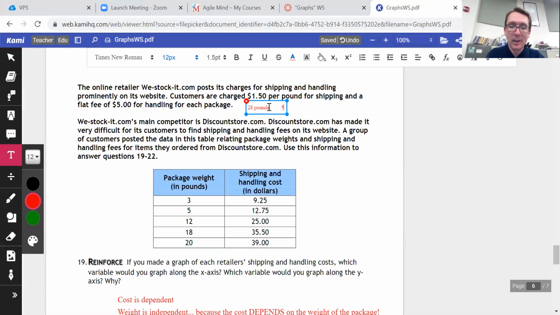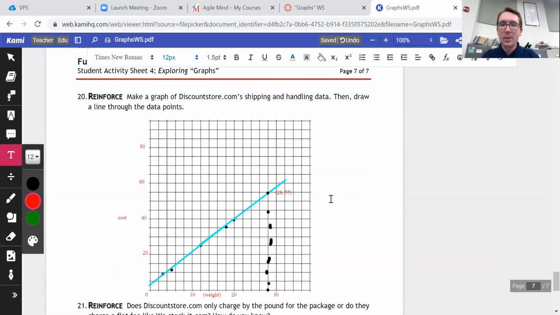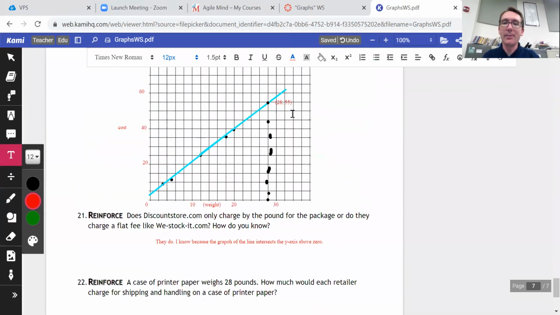So it'd be $5 plus $1.50 times 28 pounds. 28 times 1.50, that's going to be 28 plus half of 28, which is 14. So that's 28 plus 14 is 42. 42 plus 5 is 47. $47. Okay, so these guys would cost 47. Those guys would cost about 55.